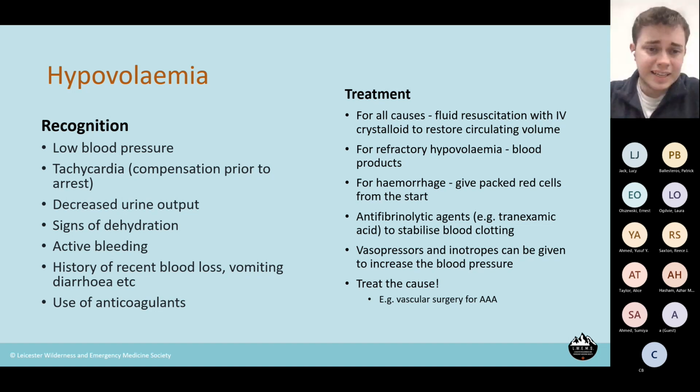You can give antifibrinolytic agents like tranexamic acid to help stabilize their own blood clotting, and vasopressors and inotropes can be really useful to help increase the blood pressure by inducing vasoconstriction and increasing the force of contraction of the heart. But ultimately, you do need to treat the cause. So for this patient I mentioned with the potential ruptured AAA, they need to go to vascular surgery urgently.